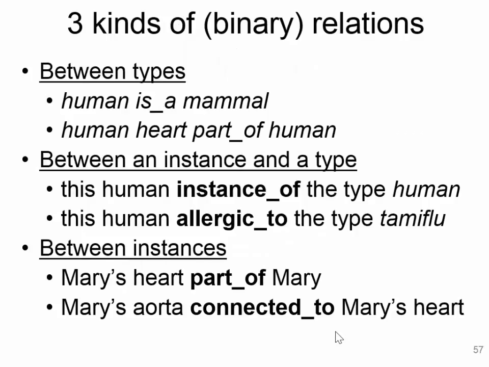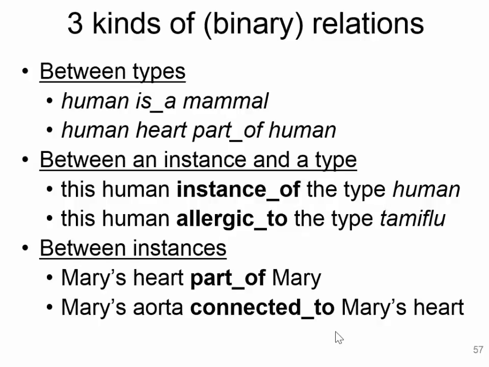Just looking at binary relations, so the full story here would have to deal also with relations which are more than binary. We have, on the one hand, relations between types. Human is a mammal, human heart part of human. Then we have relations between instances and types.